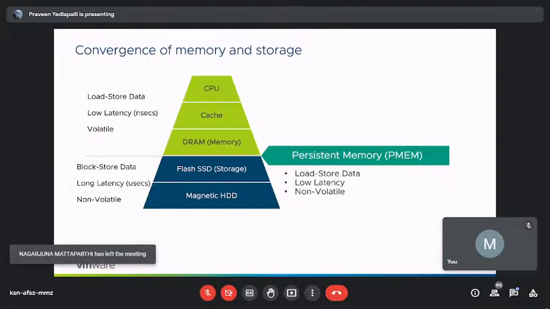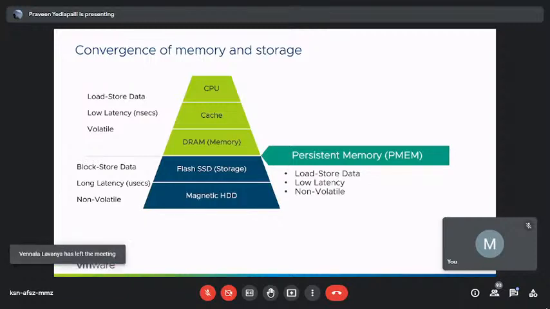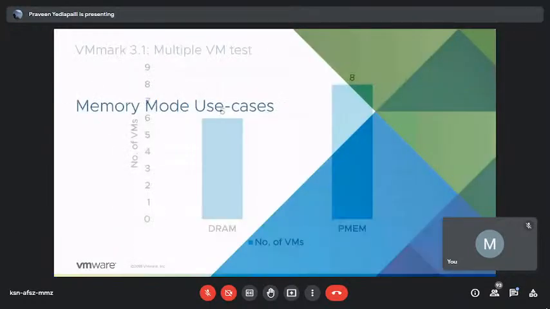Sir, then can we say that persistent memory has some information like flash SSD? It is similar to flash SSD. From the software side, it looks like flash SSD, like I showed in the Linux example and the Windows example.